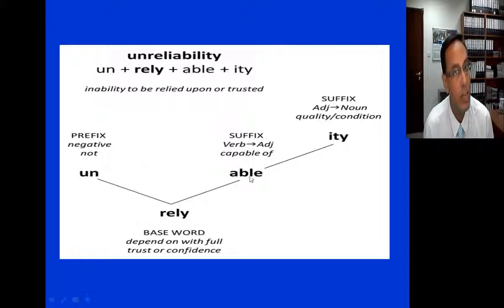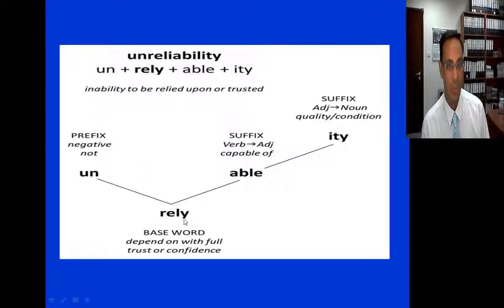What kind of morpheme is it? It is a derivational morpheme because it changes the category of the verb into an adjective. And when we add ity, reliability, we change the adjective into a noun, another derivational morpheme. So we have reliability, and then we add un.